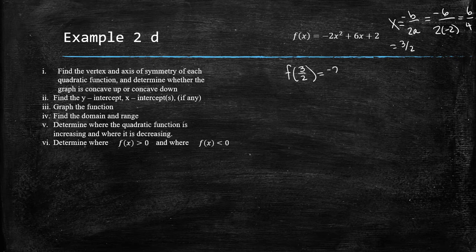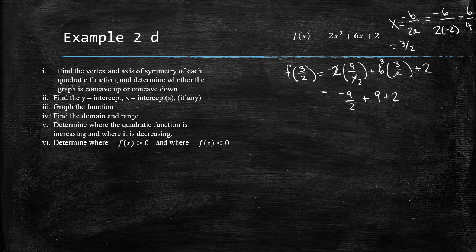So we'd have negative 2 times 3/2 squared, which is 9/4, plus 6 times 3 over 2, and then plus 2. So this reduces, and we'll have negative 9 over 2 plus 9 plus 2.